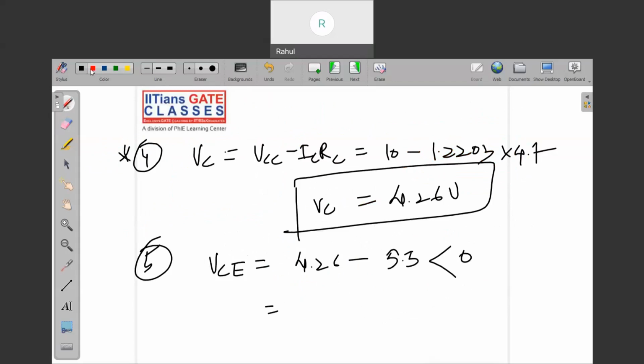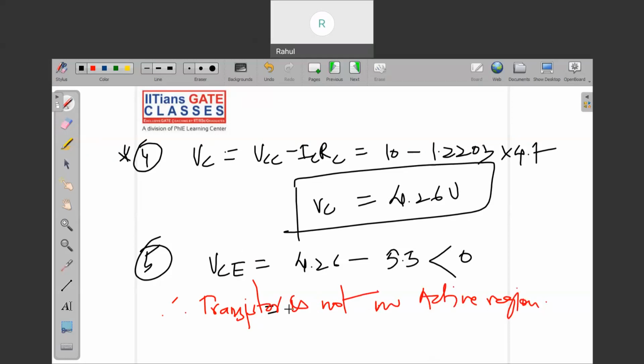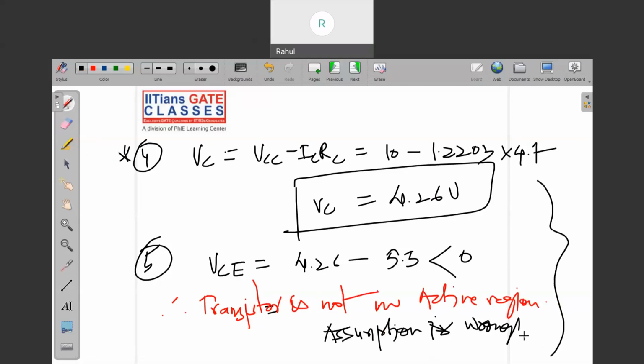Therefore, the transistor is not in the active region, and the assumption is wrong.